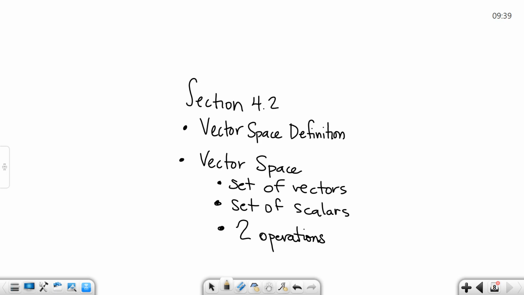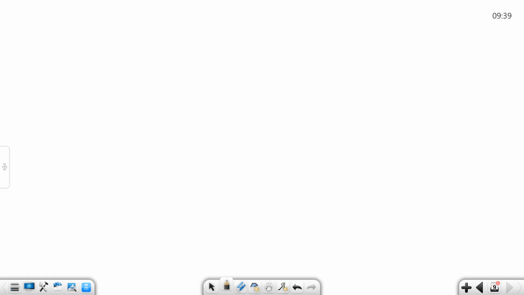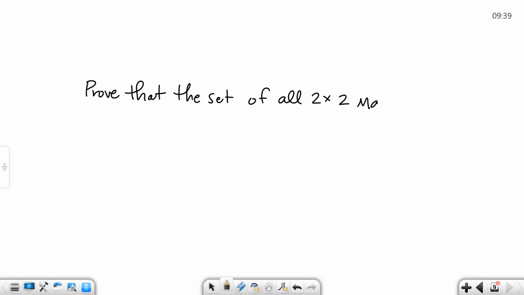Now, we're going to jump over to an easy one where I'll show you where we're headed, and then we'll get out of here. The first ones are a little tougher, so let's go to the third one. It says prove that the set of all 2x2 matrices of this form is not a vector space.